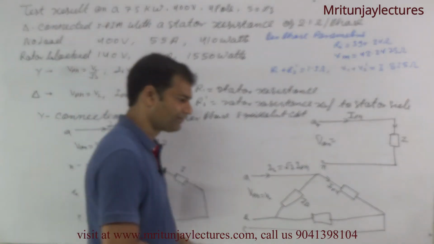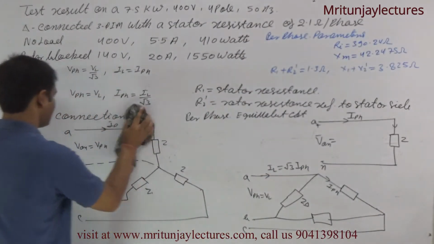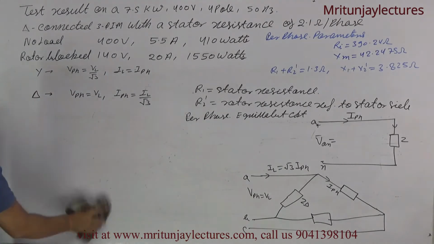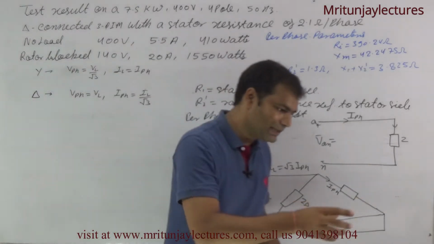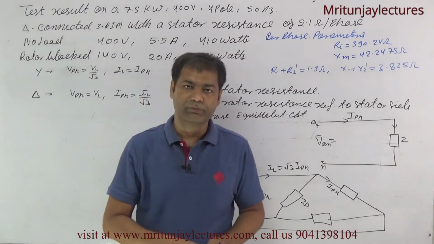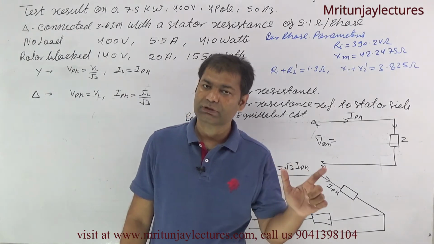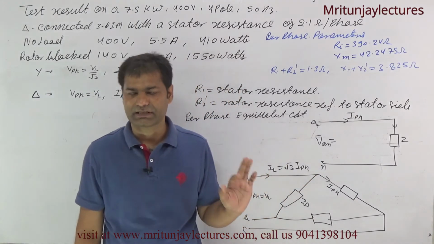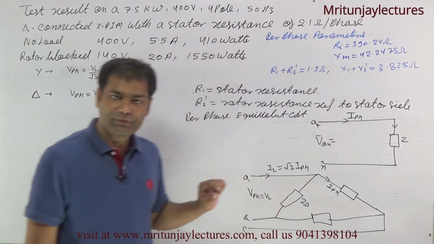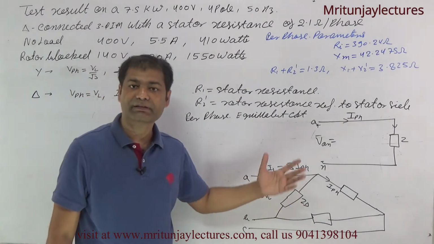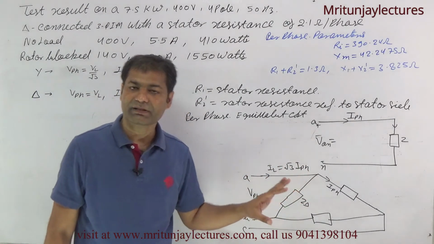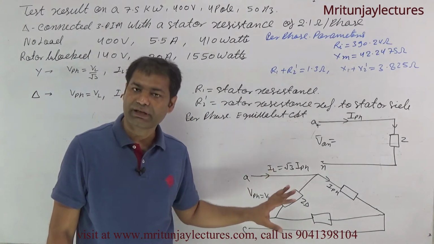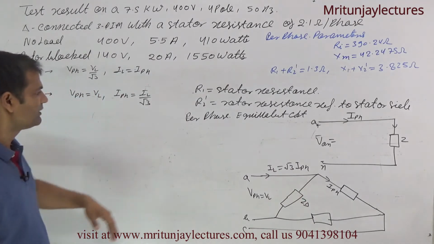first of all it is clear. Why not make delta connection into per phase equivalent circuit? Because neutral is not there. That's why. So first of all, if you want to create per phase equivalent circuit in delta, we create it in star. How to create?